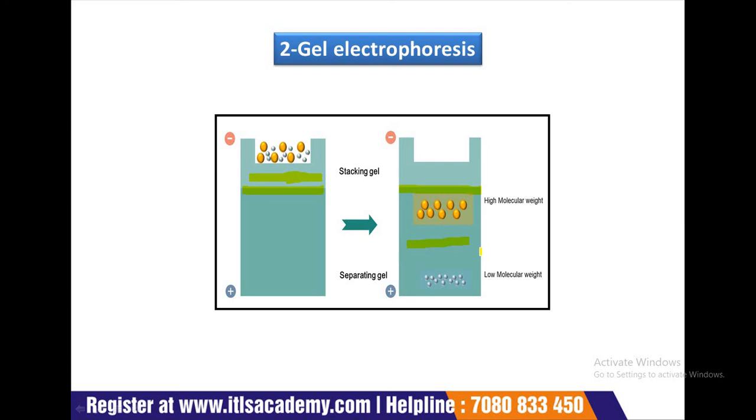Smaller proteins migrate faster in SDS-PAGE when a voltage is applied. So PAGE can separate proteins ranging from 5 to 2000 kilodaltons according to the uniform pore size, which is controlled by the different concentrations of acrylamide.